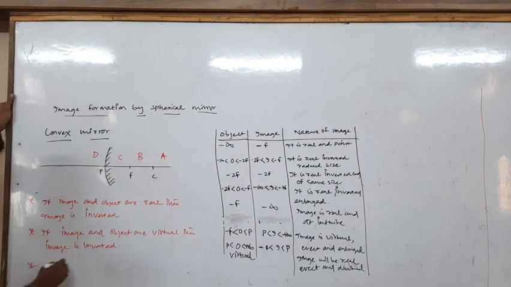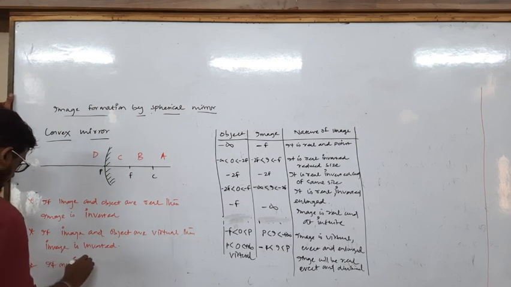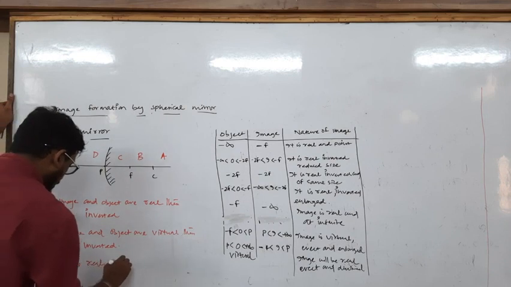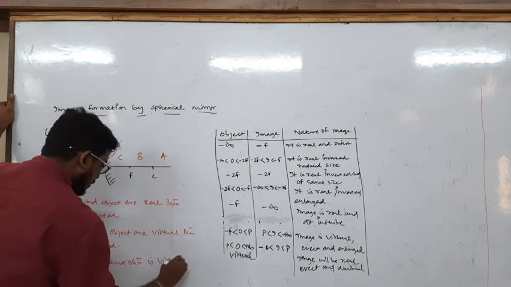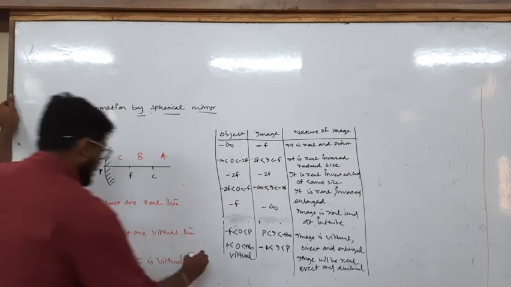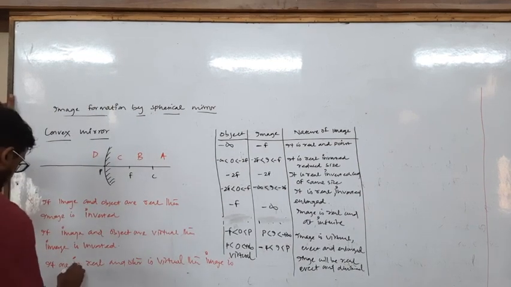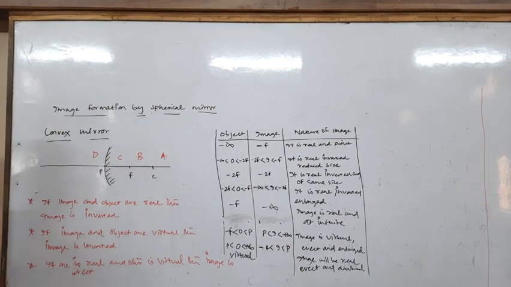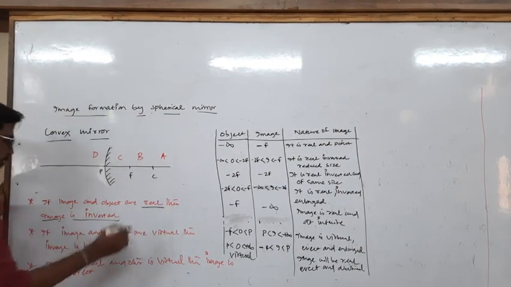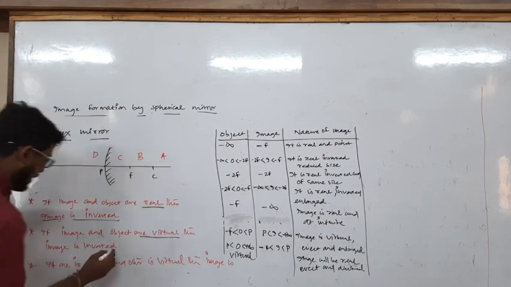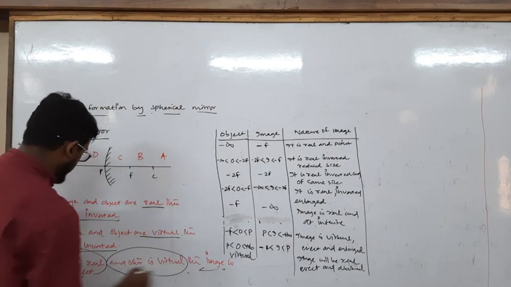But if one is real and the other is virtual, then the image is erect. Okay, so you have to remember this condition. If both are real, then the image is inverted. If both are virtual, then the image is inverted. But if one is real and the other one is virtual, then the image is erect.